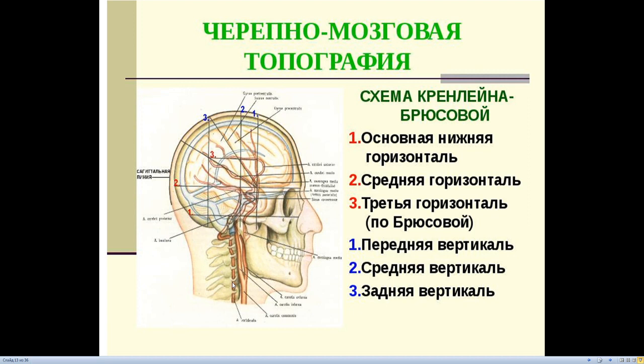That's why here we put two lines. One inferior horizontal line passes through the inferior margin of the orbit and the superior margin of the external acoustic meatus.